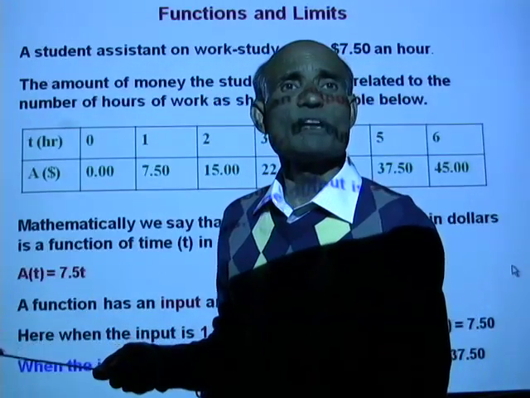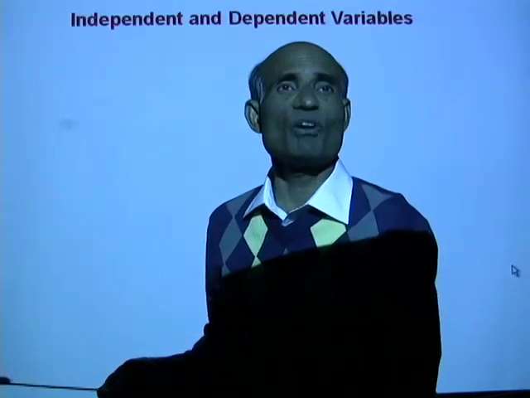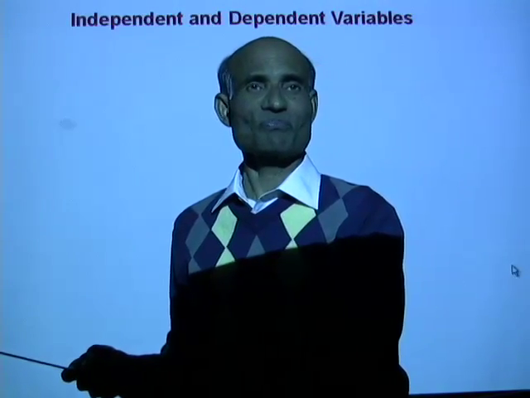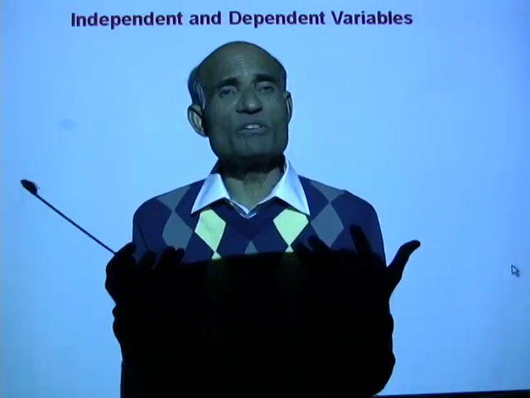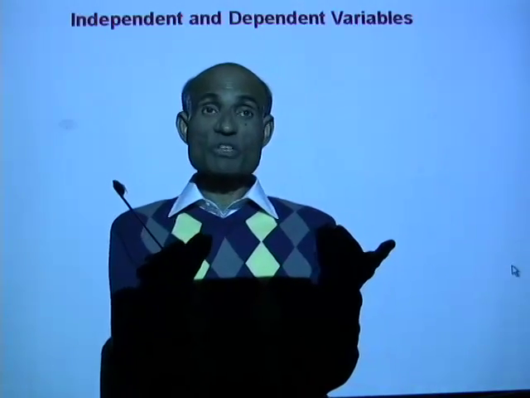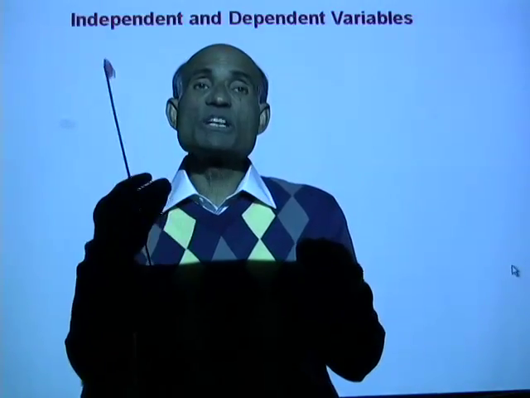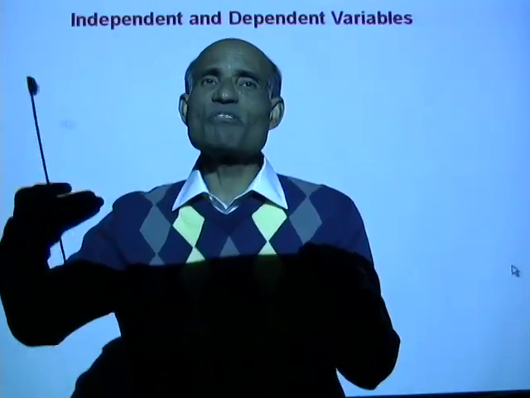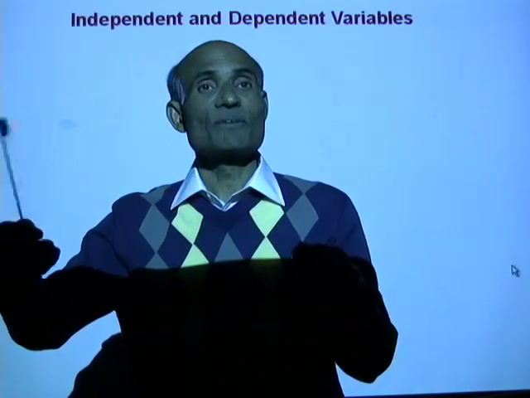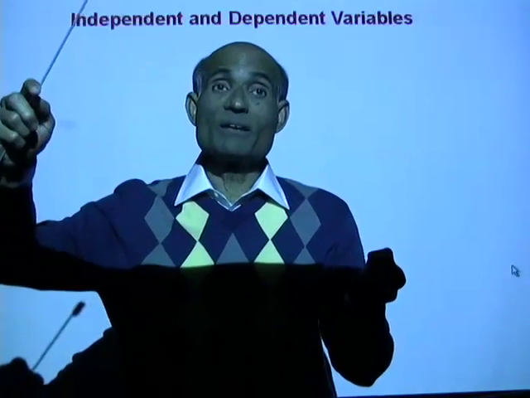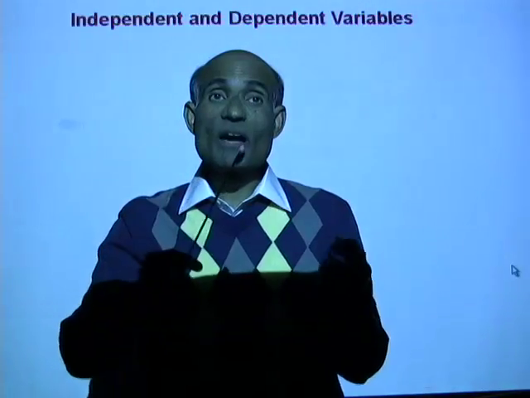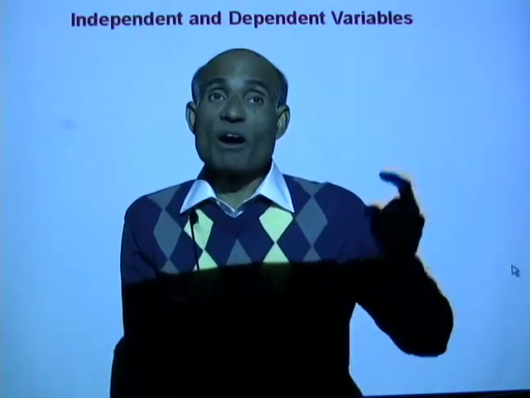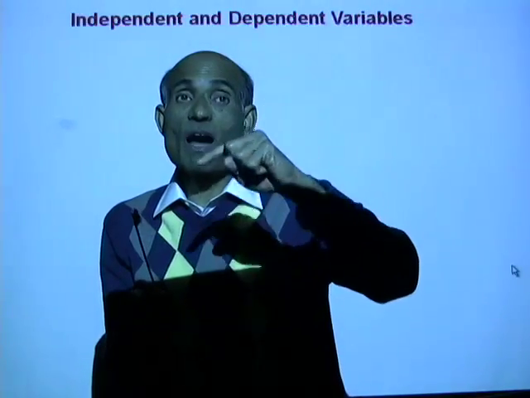Now you are familiar with drawing the graph of a function, aren't you? Now what will be the graph of this function we just talked about, A of t equal to 7.5t? It will be a straight line, and the slope of that graph will be $7.5 per hour.